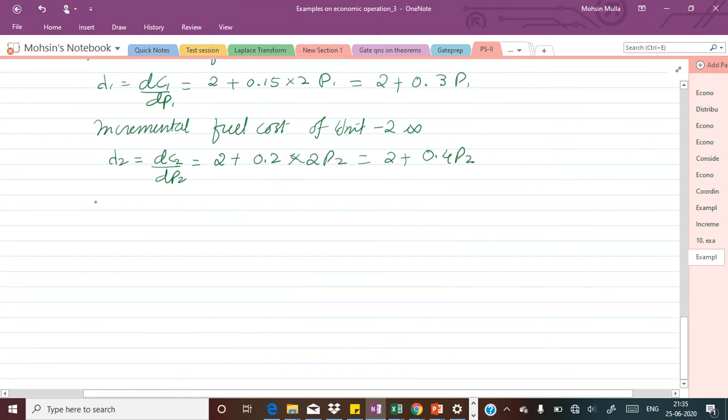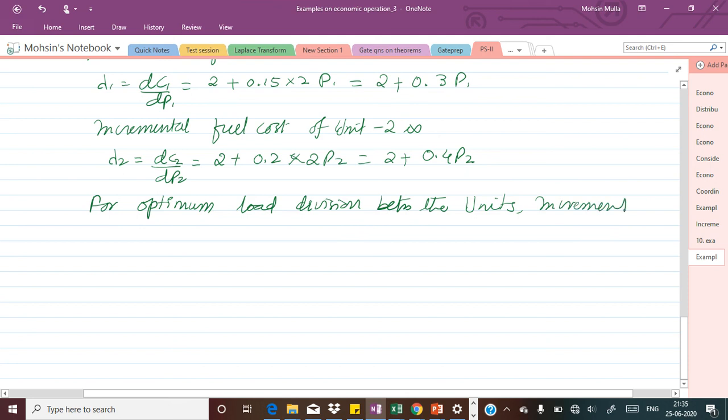So for economic operation, again we have to obtain the optimum load division. For optimum load division between the units, incremental cost should be the same. Therefore lambda 1 equal to lambda 2.